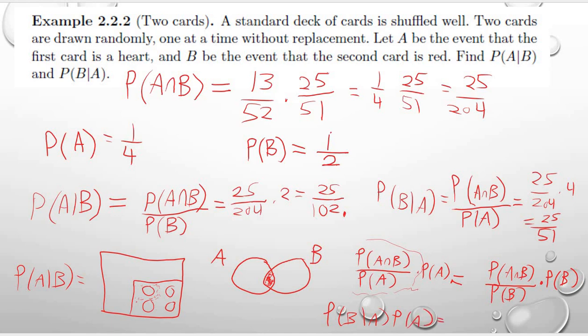So this is a graphical way to see this expression here, which is basically just two ways of writing the probability of A intersection B. So there we go.